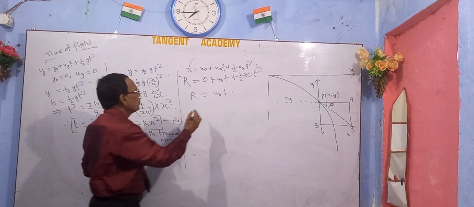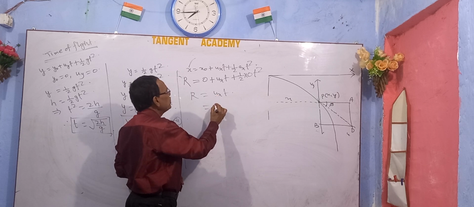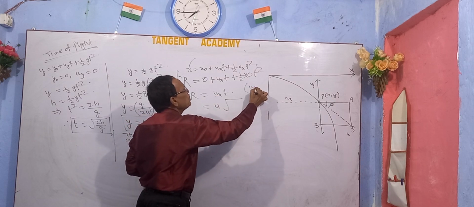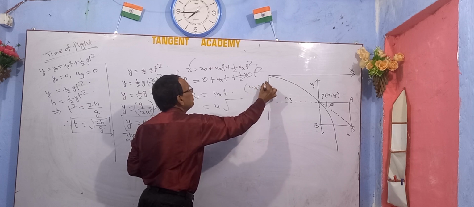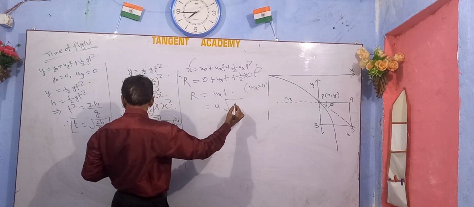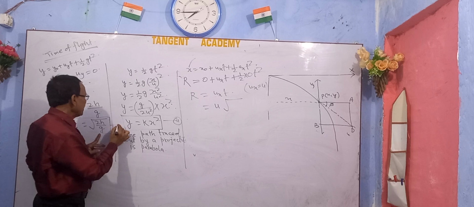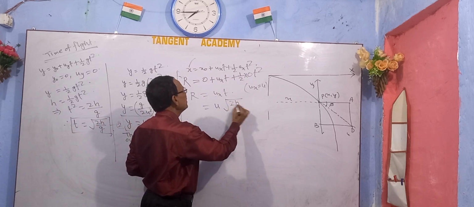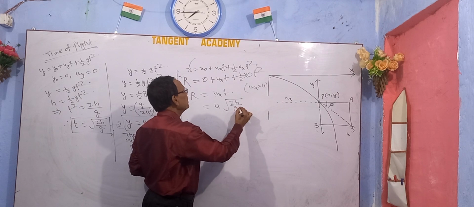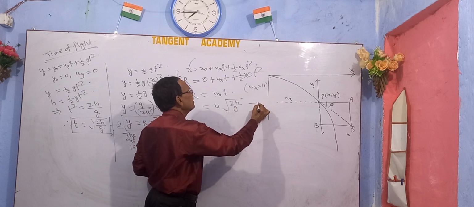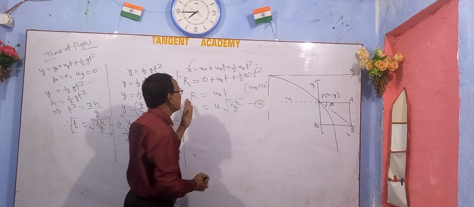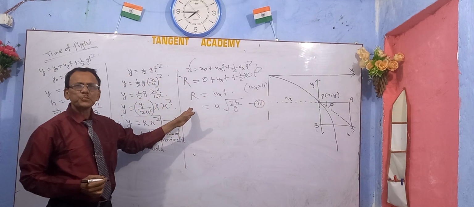So put the value ux is equal to u. So r is equal to u under root 2h by g. This will be horizontal range, and now let us consider it as relation 3.